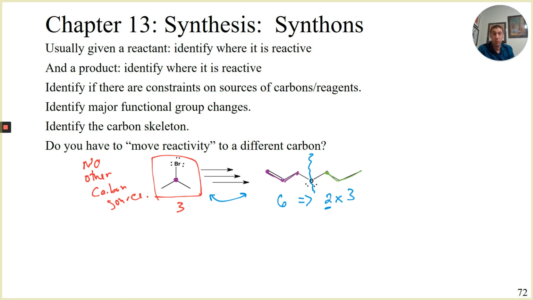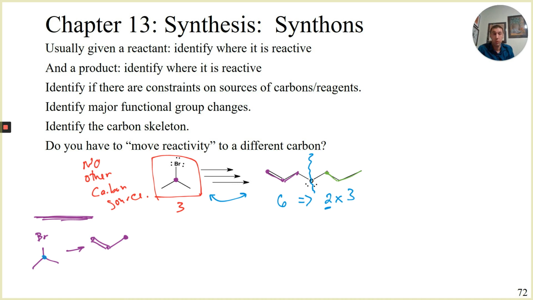So if we go through, let's take a look at the purple path first. I need to somehow convert the bromide into this kind of structure, so I need a double bond in there. And yes, for the moment, I'm ignoring that oxygen. If I evaluate that difference, chemistry has moved.